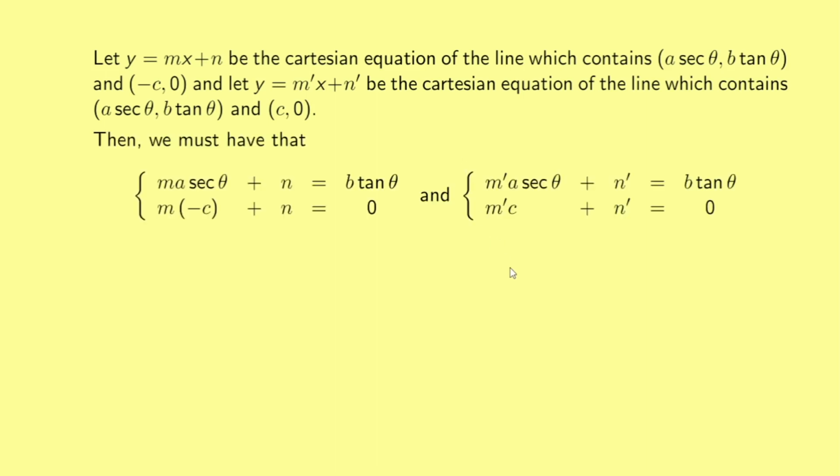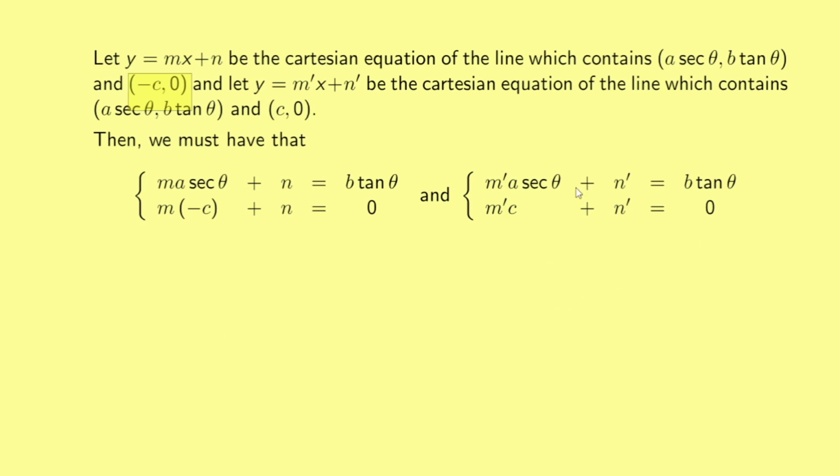It's not hard to see: since the line with equation mx plus n contains this point here and this point here, all I need to do is plug these two points into the equation. So I put here in this x a secant theta, so m times a secant theta plus n must be b tangent theta, and I put here in this x minus c, so m times minus c plus n must be 0.